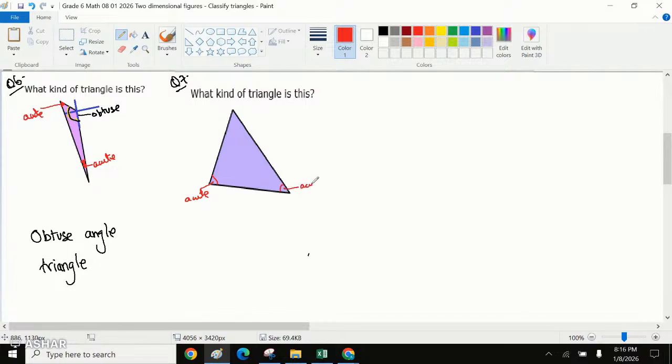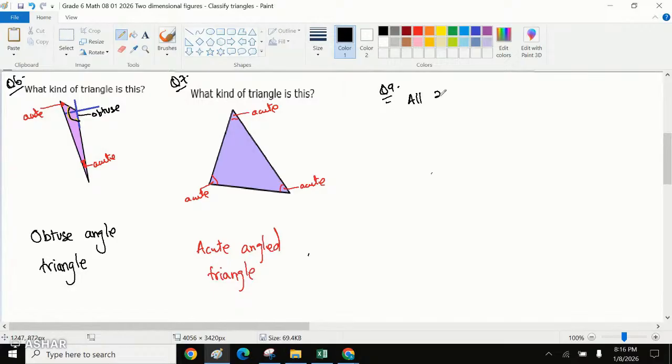This is acute, and this is acute. Agreed? So if all 3 angles are acute, then this would be, it was simple, right? Acute angled triangle. So keeping this in mind, I would say that in question number 9, I'll write a statement.